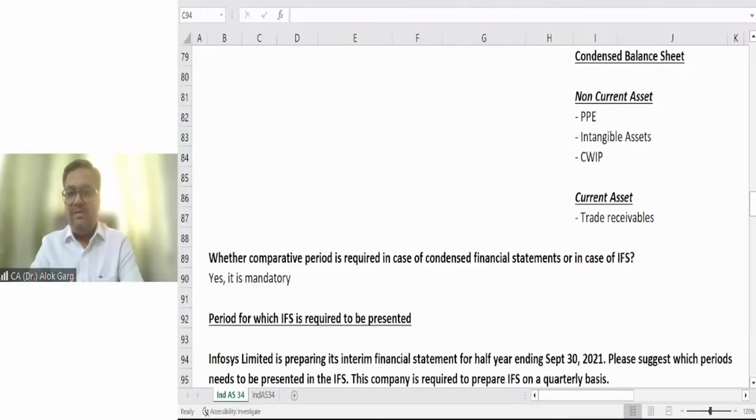Sir, in case the going concern seems doubtful for the company, will the condensed note still be applicable? Or is it mandatory to go for detailed notes and disclosure? So there is no concept of condensed note. See, if there is an impact on the going concern, I'm not saying the company is liquidated, but there is impact on the going concern, then the disclosure relating to the going concern will be the detailed disclosure, right?